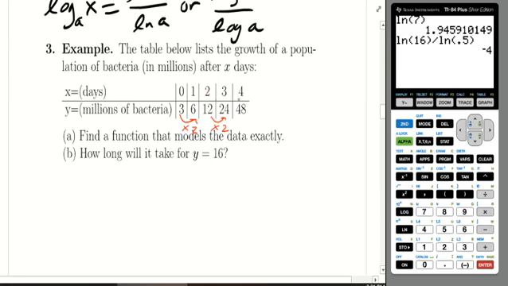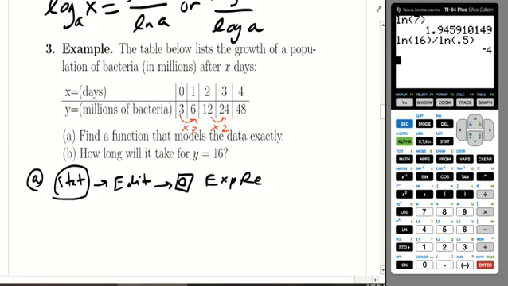So they're increasing exponentially. Certainly I could find a function that models these data exactly using exponential regression. So we could do stat, edit, and number 0, which is the exponential regression.